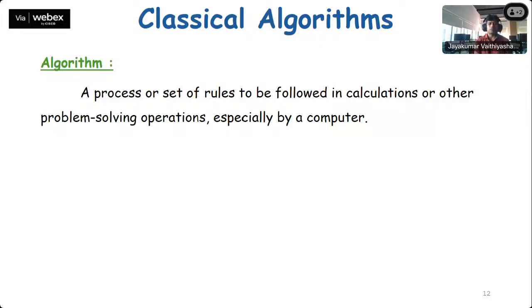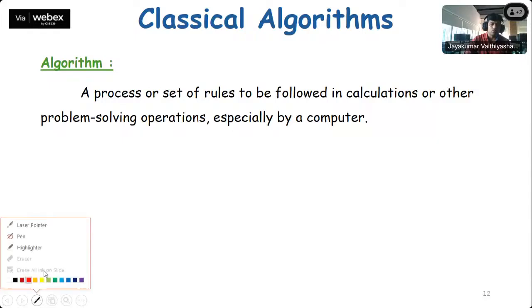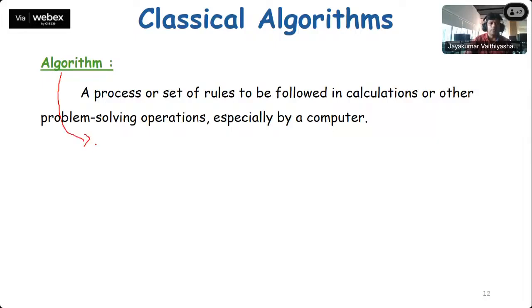A process or set of rules to be followed in calculation or other problem solving operations, especially by a computer. So algorithm is a step-by-step process. Okay, step-by-step process. So if you want to compare algorithm with other synonyms, it is like procedure, or you can say rule book, or you can say protocol, or if you are comparing with cooking, it is like a recipe.